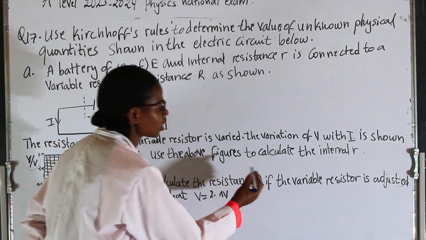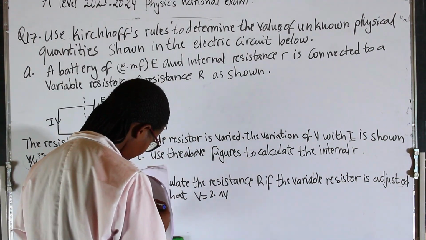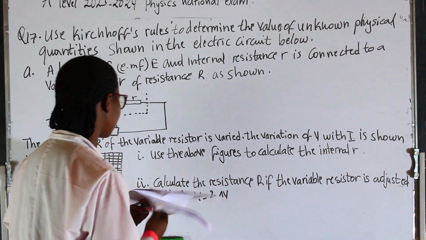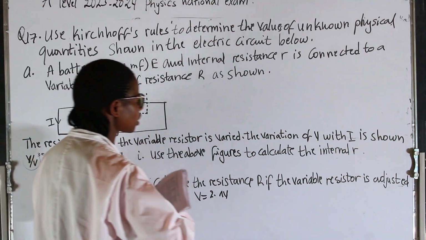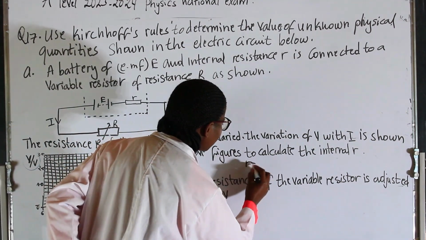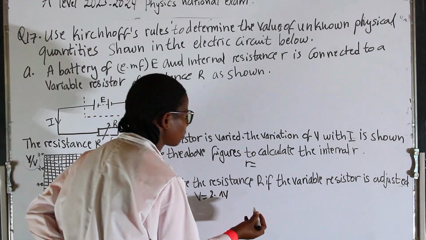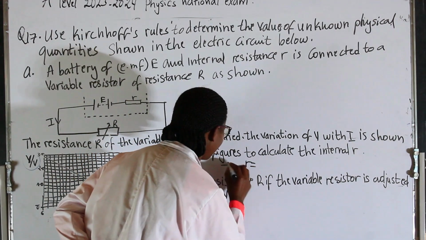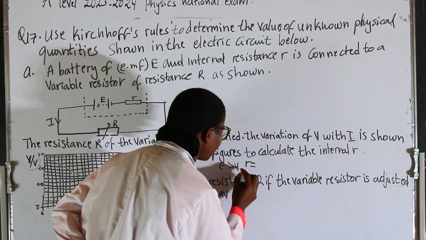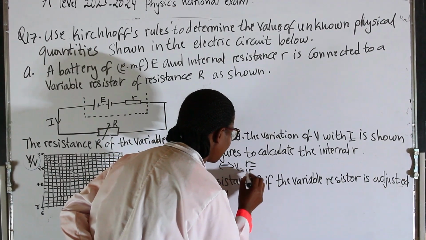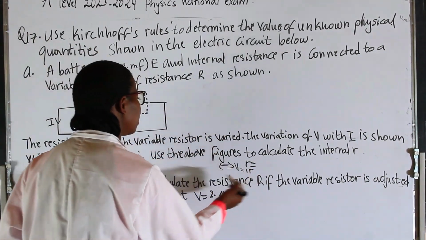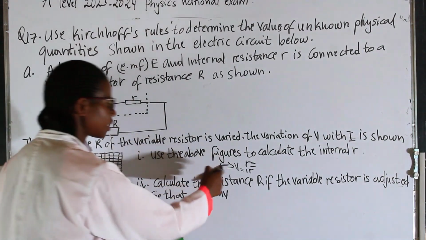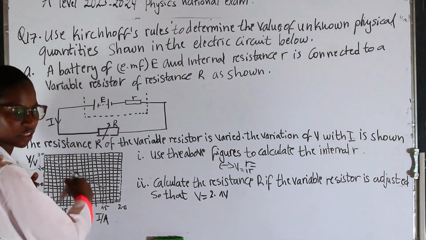We have V equal to IR, then R equal to V over I, which means the gradient of the V-I graph is equal to the resistance according to this figure.